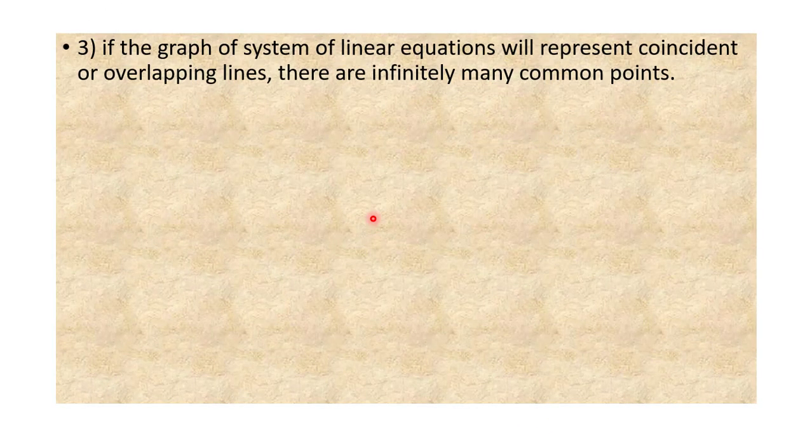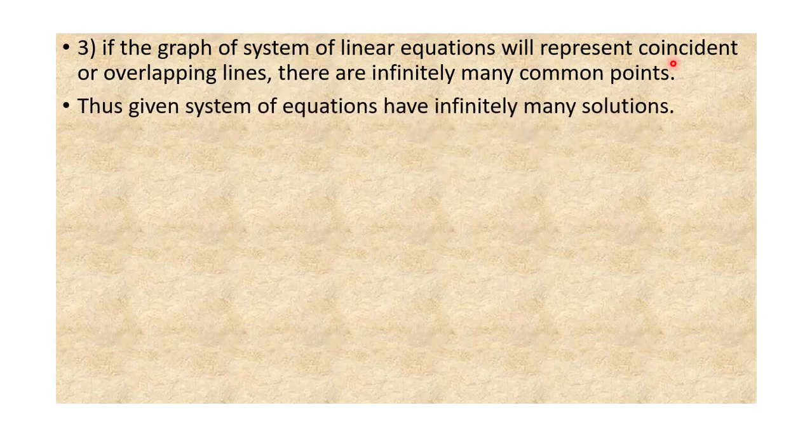And third is, if the graph of system of linear equation will represent coincident or overlapping lines, there are infinitely many common points. Thus, given system of equation have infinitely many solutions.